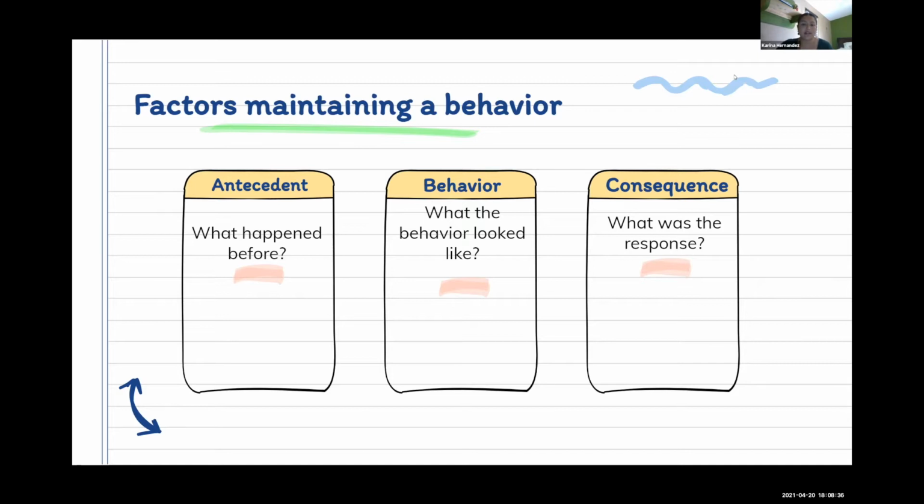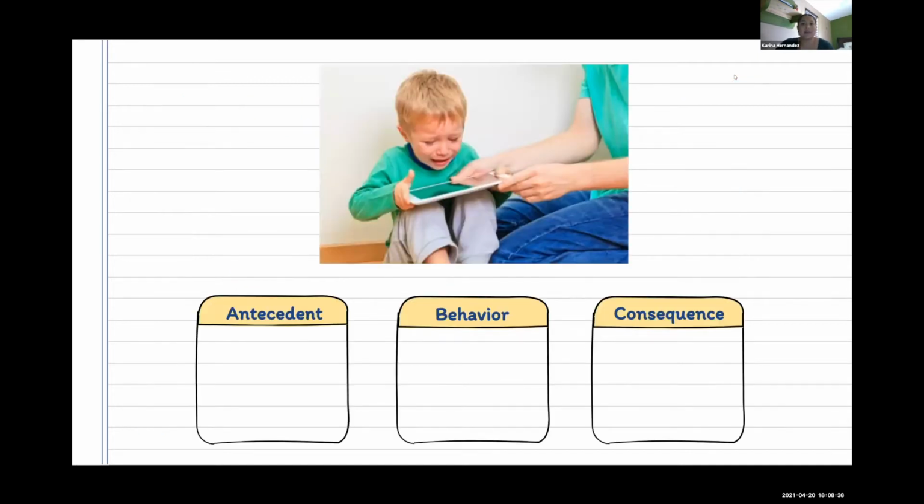what happened in that situation? So let's give an example to better understand the ABCs and how antecedent interventions work and why we want to use them in our routine. In this picture, you see one little kiddo crying. It seems like the iPad is being taken away, and it's something they love, and it's so hard to transition out of that activity. So the antecedent, what happened before crying, is that the iPad was taken away.